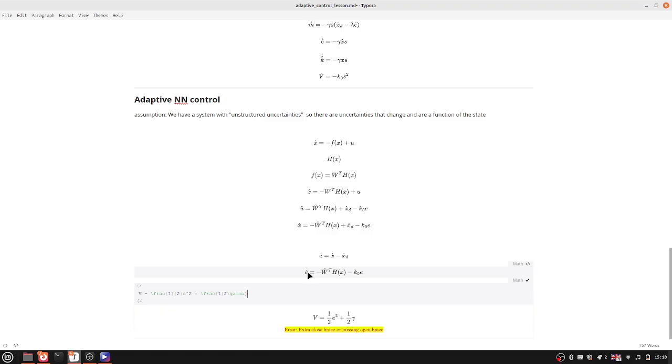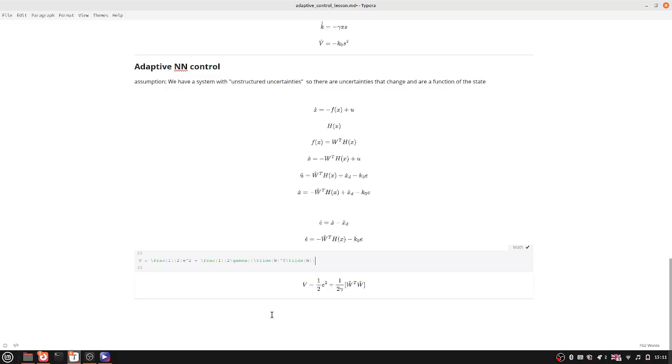I need to bracket those correctly. 1 over 2 gamma multiplied by our unknown, which in this case is W tilde transpose, and this will be squared, but with a vector, or in this case a matrix or whatever it might be, to square this, we just multiply it by itself, tilde W, like so, but the non-transposed version, right? We understand why this would work. Two matrices multiplied by each other, one transposed and one not, will be the square of that matrix.